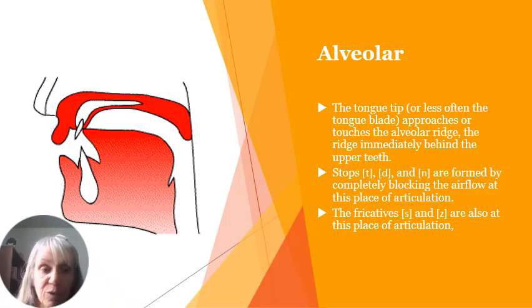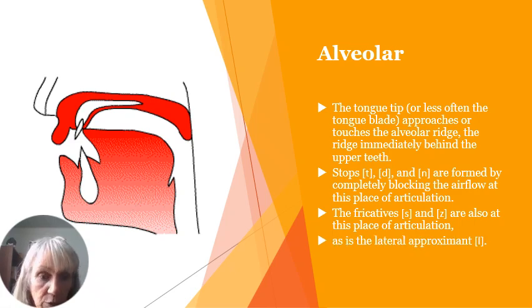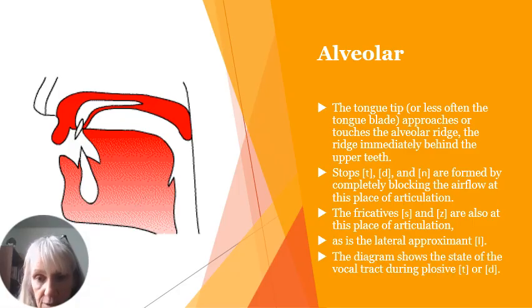And they're fricative because you can hear that s hissing sound. And then the lateral approximant, where the air is coming out of the side of the tongue, in l. So we have that same tongue movement for all of those sounds.